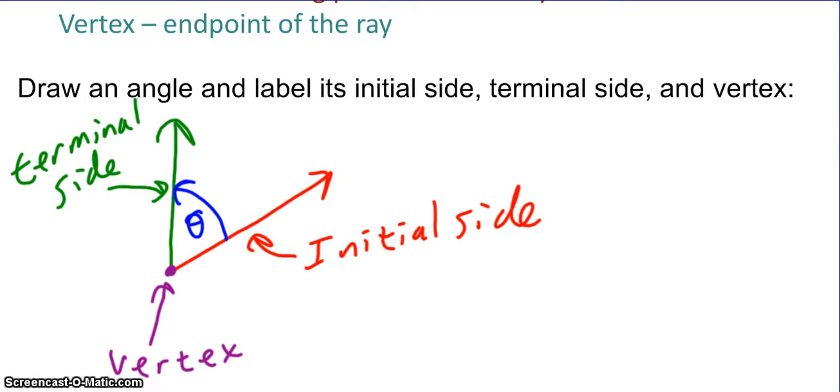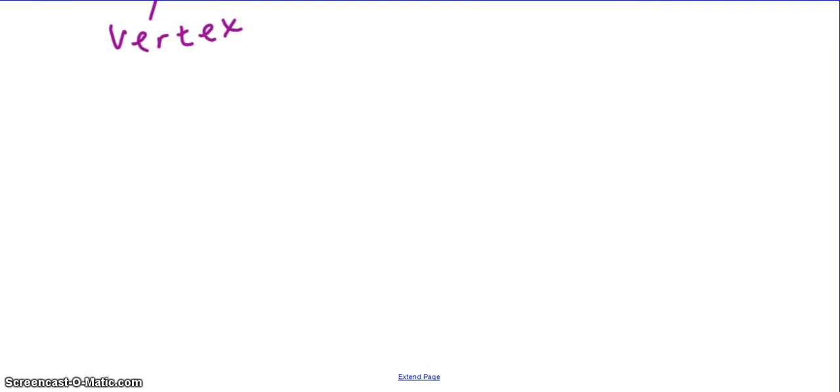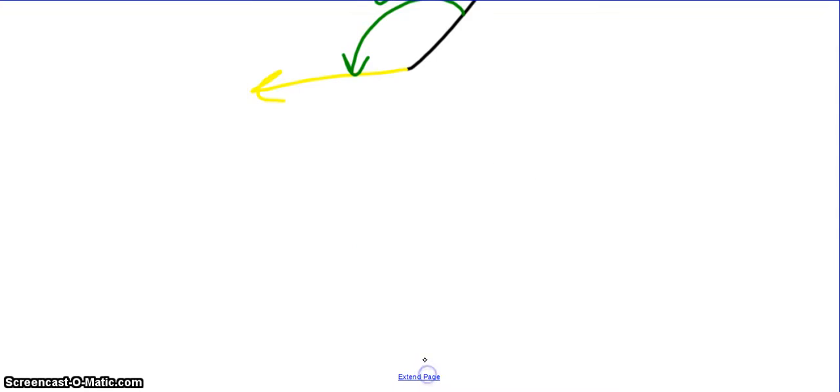It does not have to be an acute angle like this. You could have, let's say, here's my initial side. Here's my terminal side. And that's the angle theta. You can even have an angle bigger than 180 degrees, which is something that we might not be as used to.